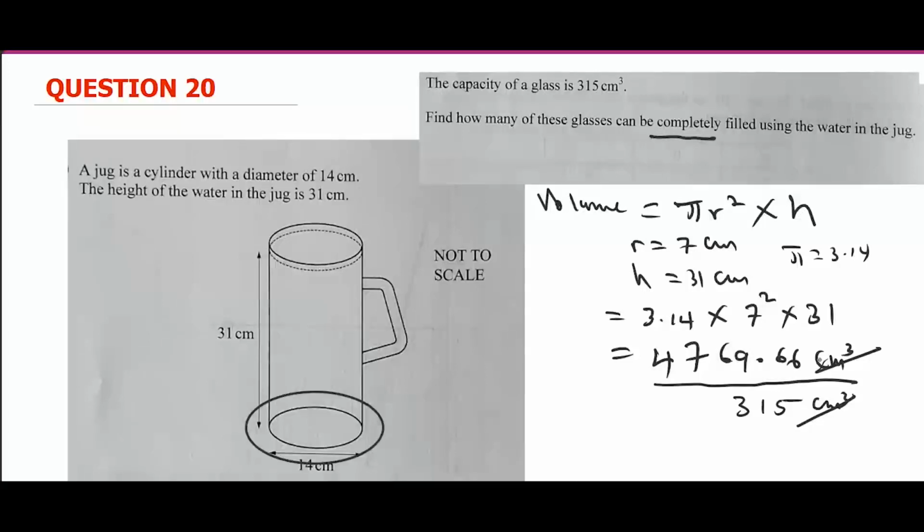That will give you 15.14. So that means it can completely fill 15 glasses. It can completely fill 15 glasses. So that is the answer. The answer will be 15 glasses.